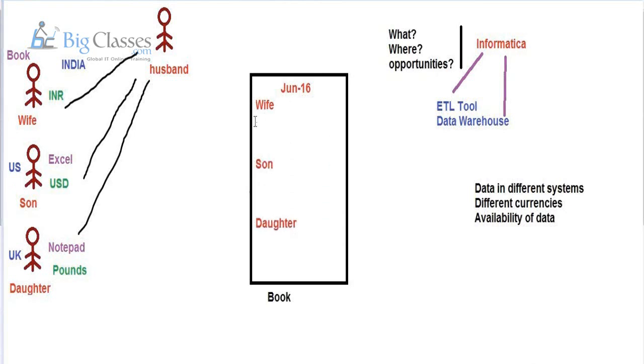For the wife, how much on groceries, and how much on rent. For the son, how much on food, how much on rent, and how much on transportation. Simply very high level data. At the same time, the daughter also: how much on food, how much on rent, and how much on transportation. In order to get this kind of summarized data, after receiving the data from family members, he needs to do some calculations and put the data into this. Then only he can understand the data well.